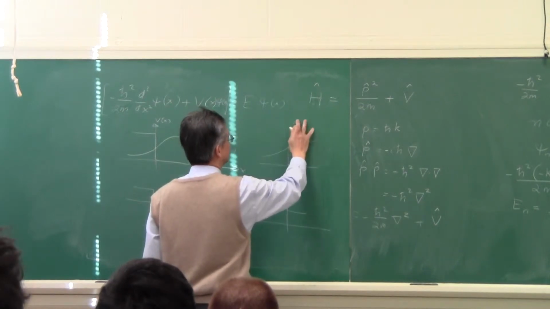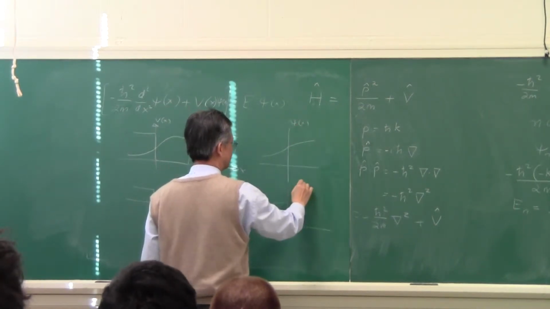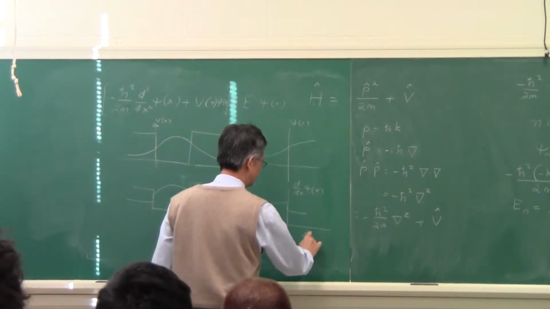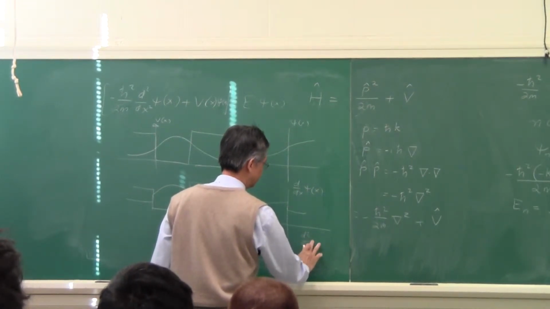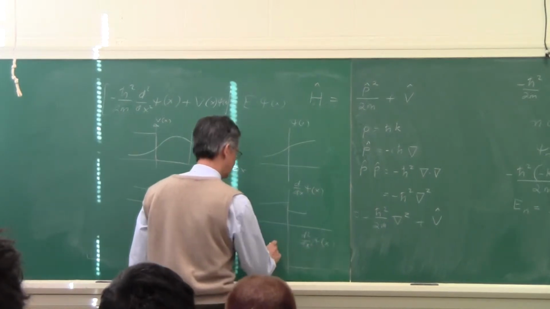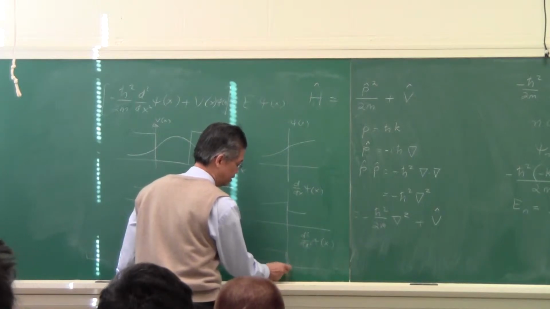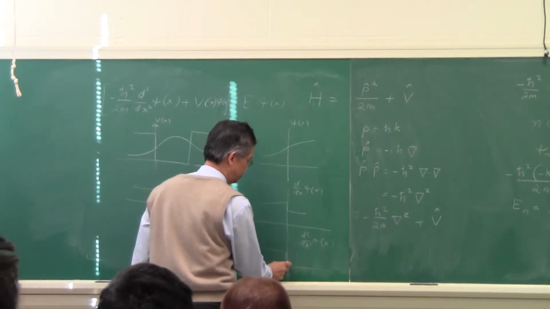This is psi of x. This is d/dx of psi of x. And if I have d squared/dx squared of psi of x, I would get something that has a Taylor function here, and then maybe something like that.